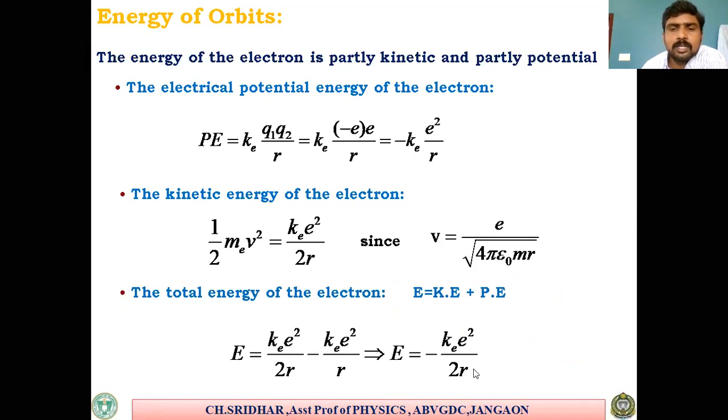This is the total energy of the electron which is revolving around the nucleus of the hydrogen atom. So this is the energy of the hydrogen atom, or the electron which is moving in the hydrogen atom.